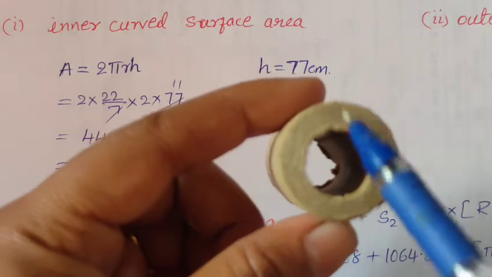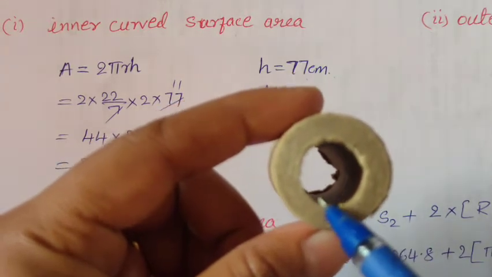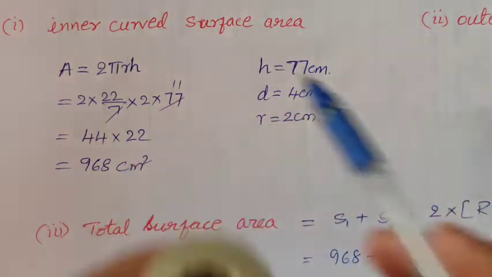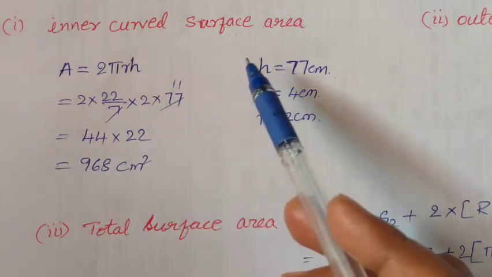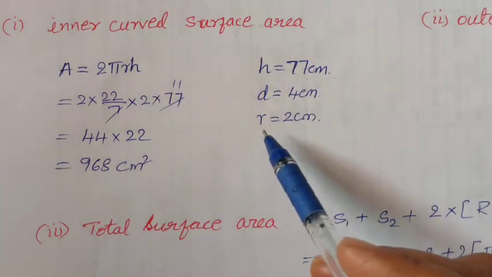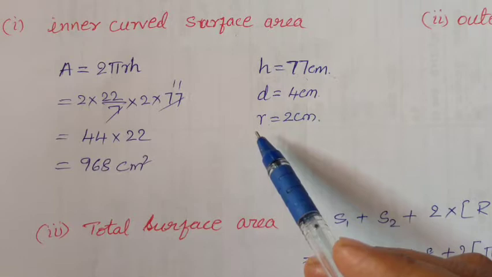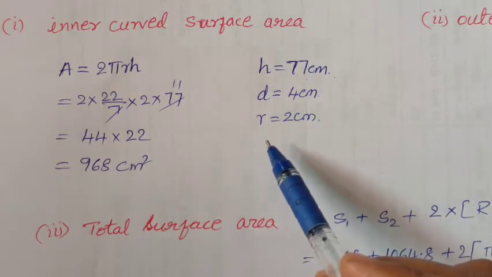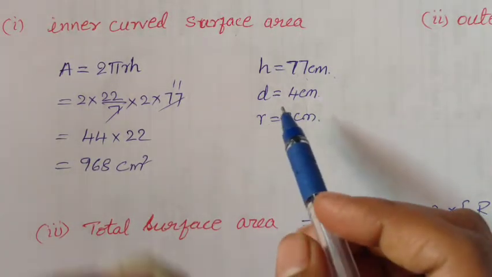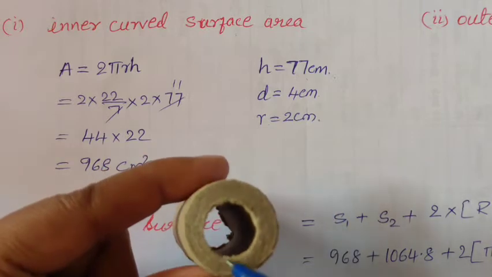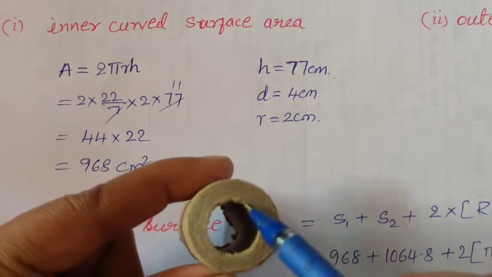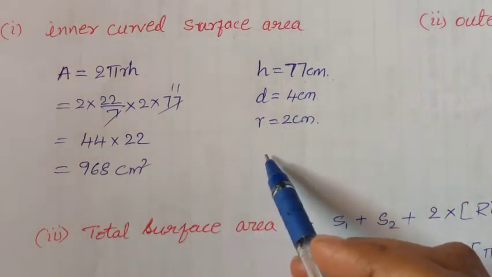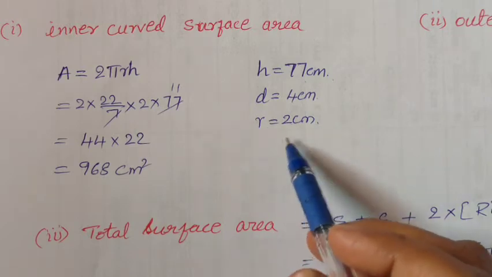This is the outer diameter. Suppose I want to find the inner curved surface area, I require only the inner radius. Here the inner diameter is 4 centimeter. Therefore inner radius is half of this 4, which is 2 centimeter.